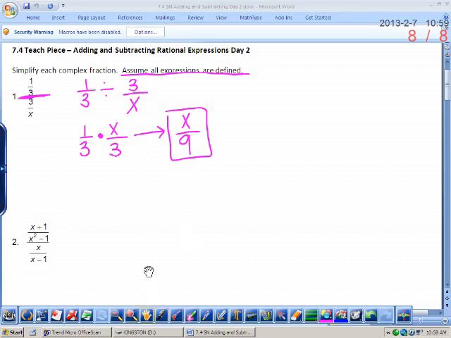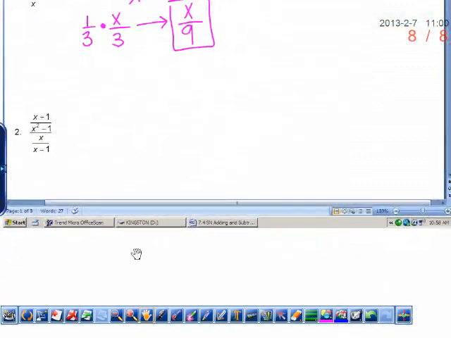Look at number 2. X plus 1 over x squared minus 1 over x over x minus 1. So again, envision what's being divided by what. Okay? Rewrite it out if you want.